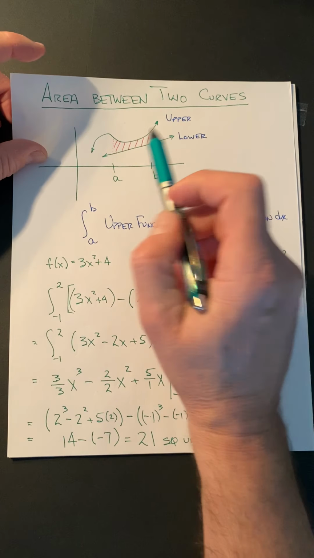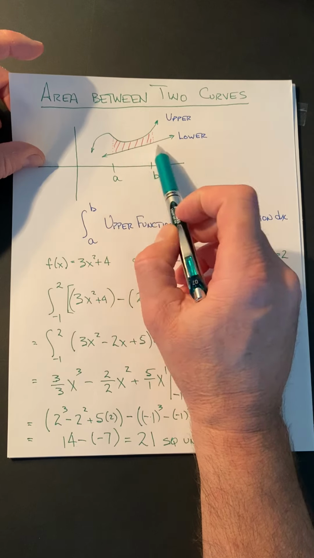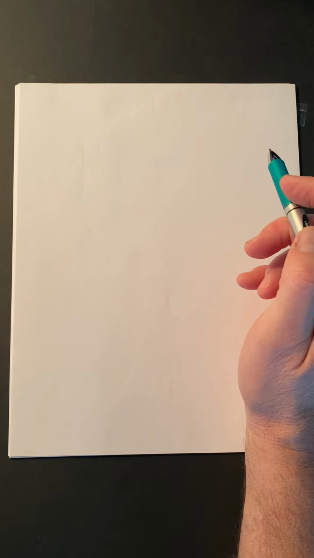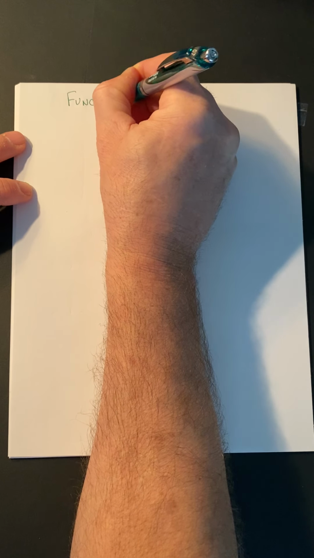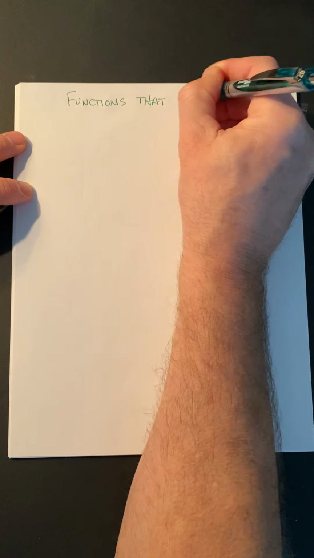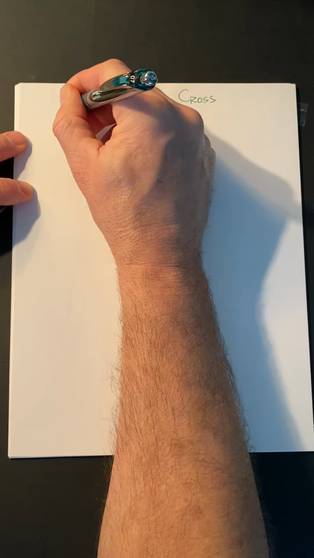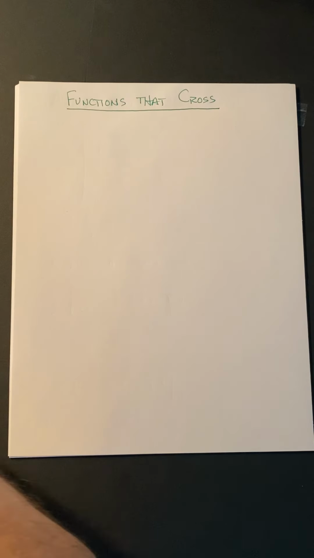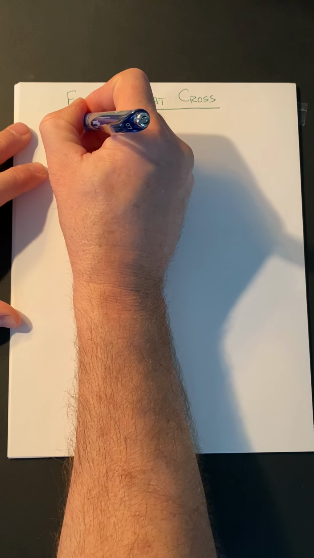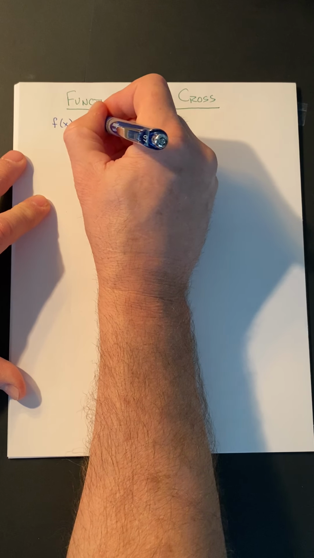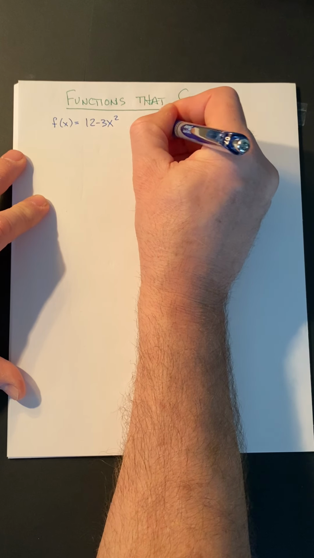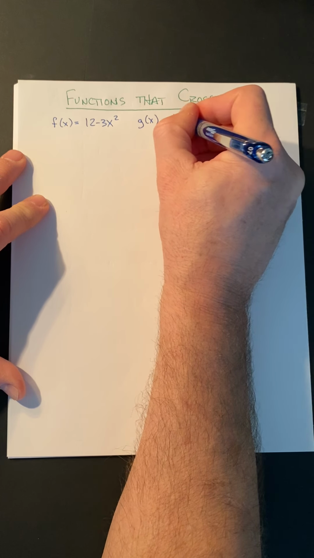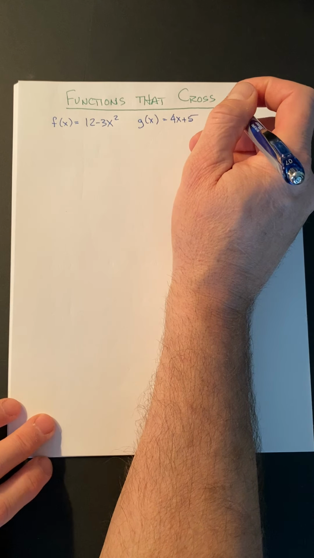Now, that's for an example where one is for sure going to be above the other one. But sometimes we have a situation where the graphs actually cross, okay? And we have to be able to account for that. So let's look at an example here. F of x is equal to 12 minus 3x squared, and we'll call g of x 4x plus 5, okay?